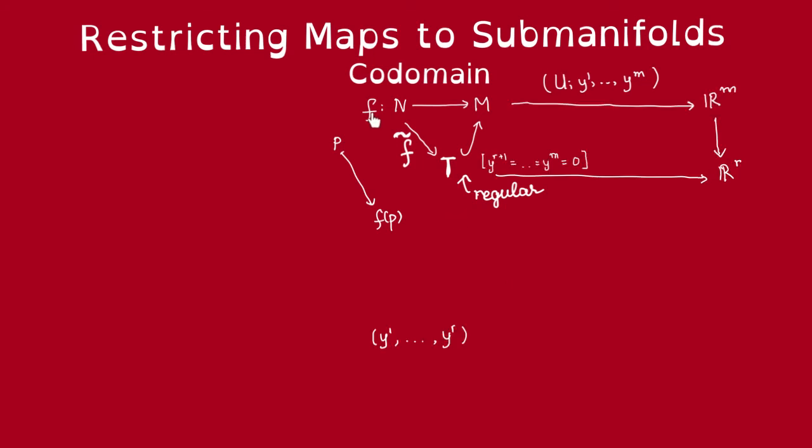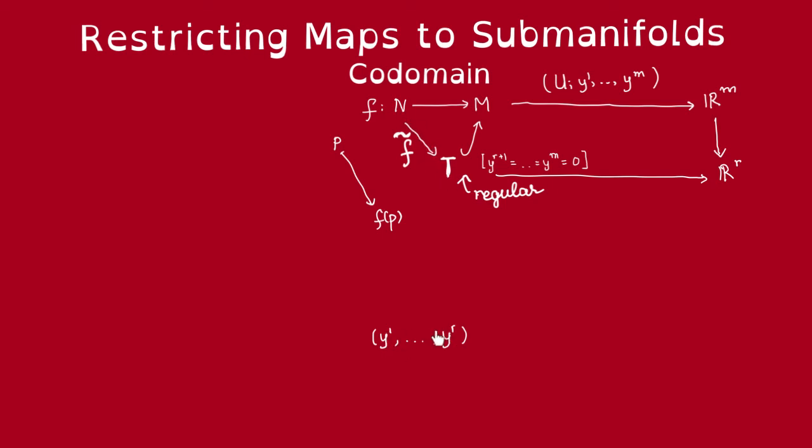Now to say that the original map F is smooth means that it's smooth in coordinates, so if we compose it with this chart, it is a smooth map from N to Rm. But now observe that this induced map is just the combination of this map with the projection. I should say the coordinate version of this map.